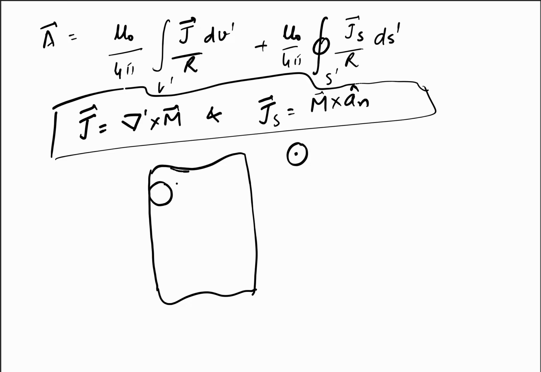So these should be like this, and the current direction should be like this. Because of this, they will create a magnetization which is in the direction like this, out of the paper. Okay, so in this way, these are small dipole moments.